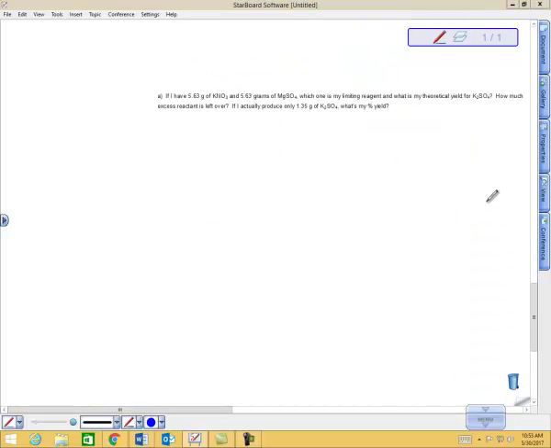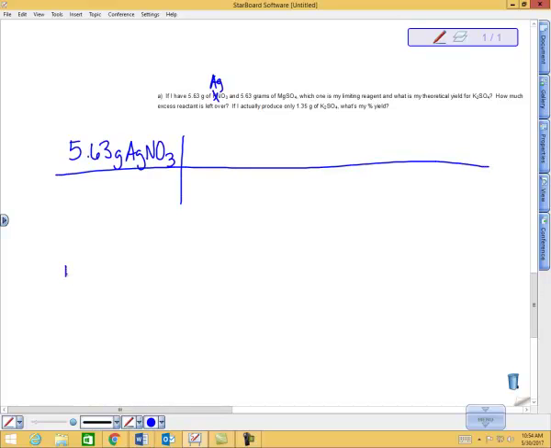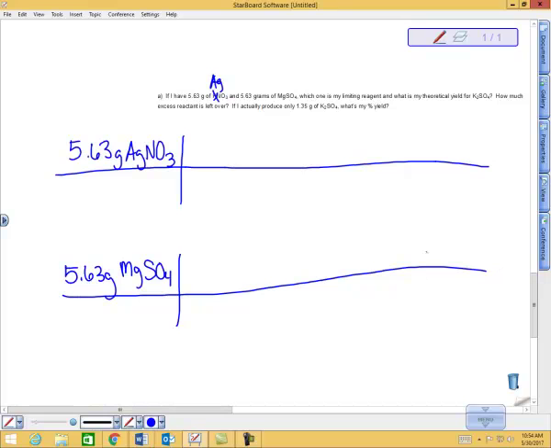Okay, so starting here. Let's start with the 5.63 grams of AgNO3, because that's not K, that's Ag. So we'll do one stoichiometry problem here, and then we'll do another one here, 5.63 grams of the MgSO4. Best part about some of this is that you've already done some of the molar masses here.